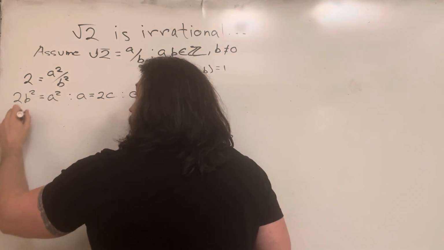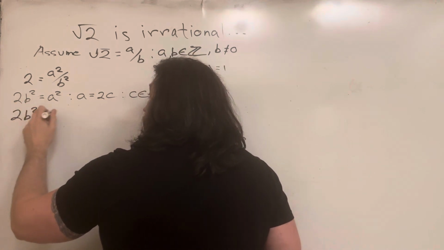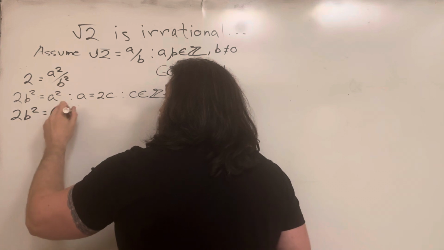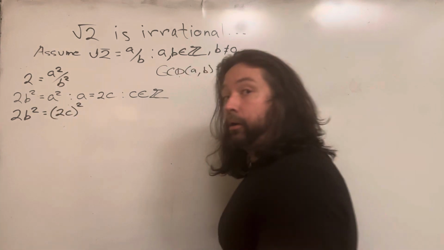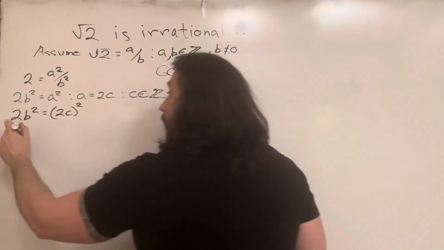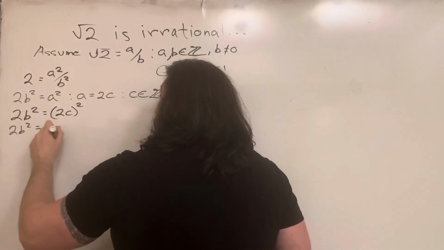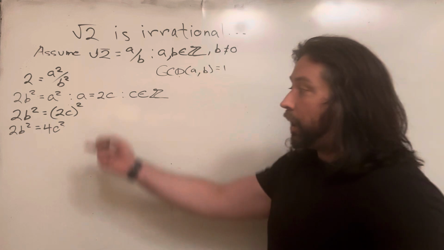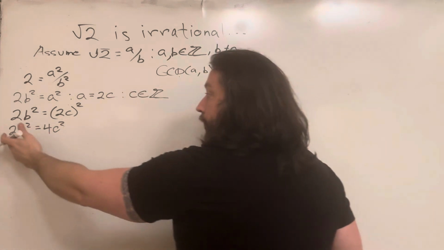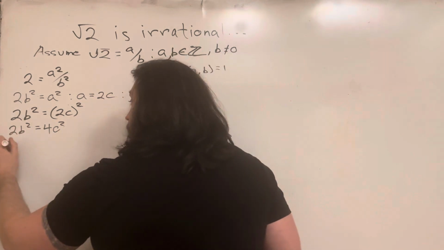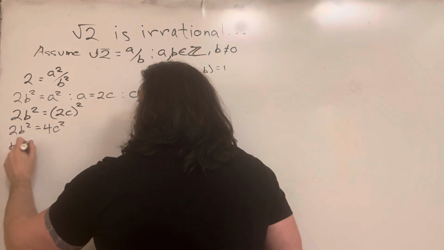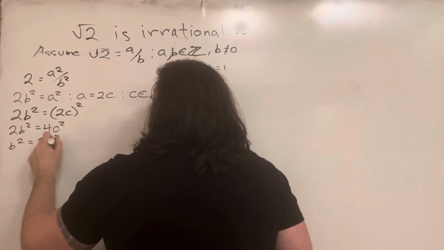So I'm going to go ahead and do that. I'm going to say, all right, twice b squared is equal to twice c all squared, okay? In this case, I get 2b squared is equal to 4c squared. And now I do the same thing, right? I can divide 4 by 2, so I get b squared is equal to 2c squared.